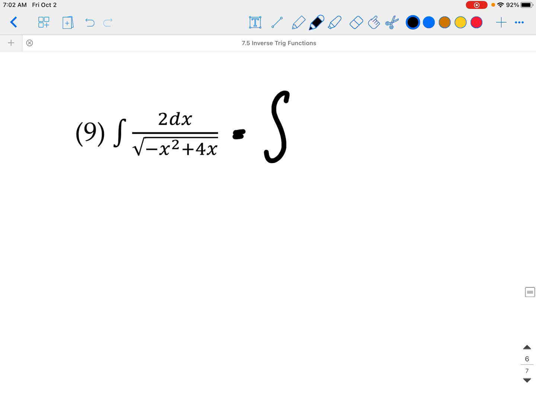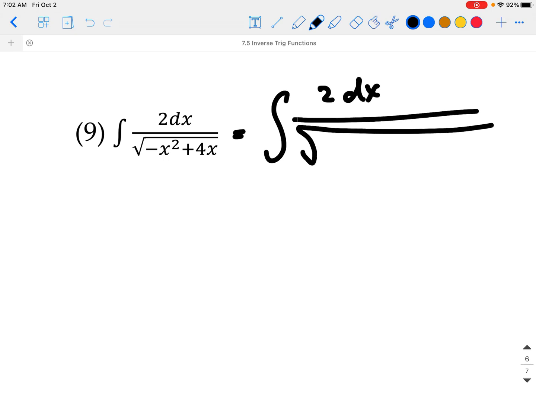So we'll have the integral 2 dx over, so I'm going to factor out a negative 1, and then we've got x squared minus 4x. So plus 4 is going to complete the square, but I'm really subtracting 4 because I have this negative on the outside that I need to distribute. So I'm going to add 4 on the outside.